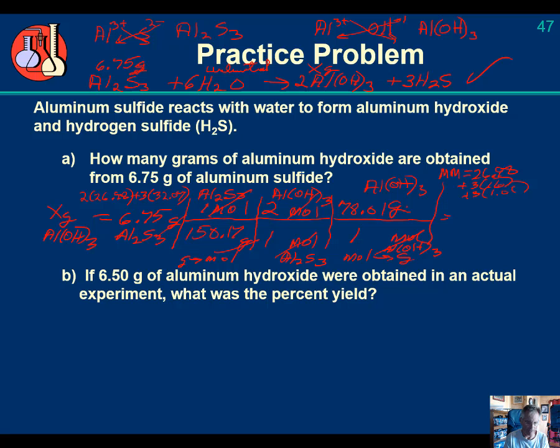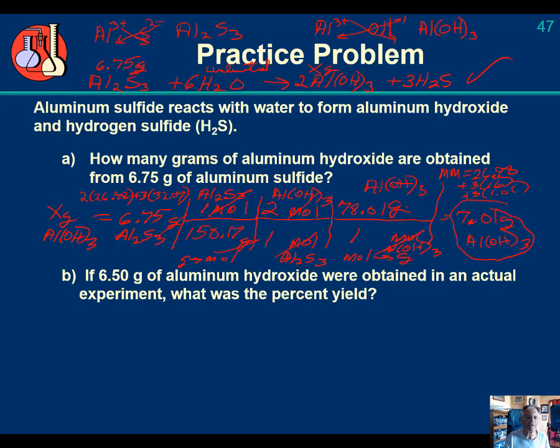I go 6.75 times 1 divided by 150.17 times 2 divided by 1 times 78.01. That gives 7.01 grams of Al(OH)3.